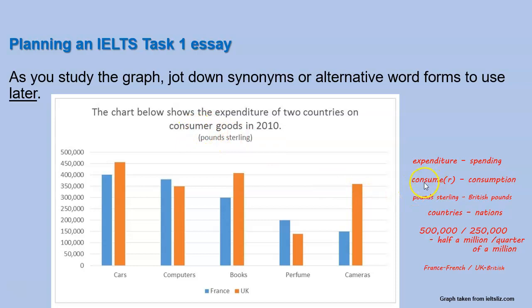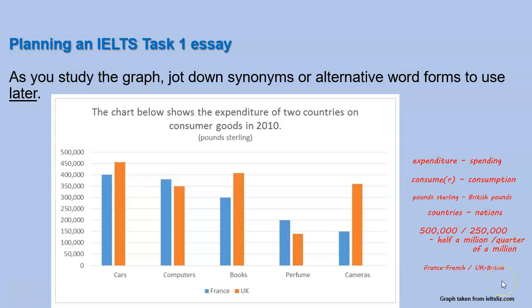We can use it as a verb, consume, or as a noun, consumer, or we could even use the noun form consumption. We can look at the numbers. We've got 500,000 and we've got 250,000. Make a note here. And then the country names, we could also use the adjectival forms French and British as alternatives to give variety in our writing.